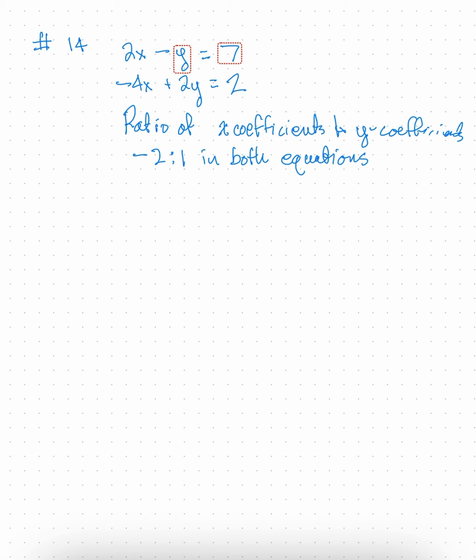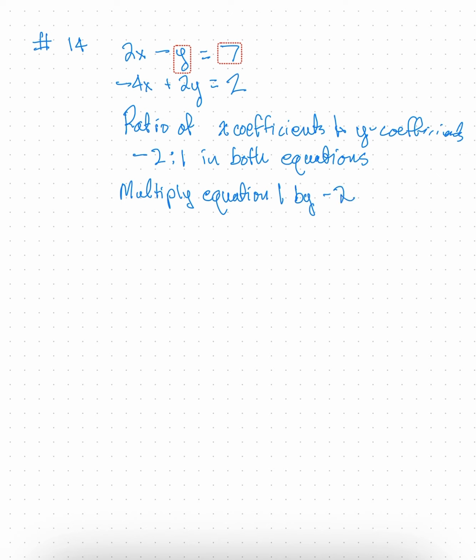What that means is there is a number that we can multiply one left-hand side by to get the other left-hand side. So multiply equation 1 by -2.